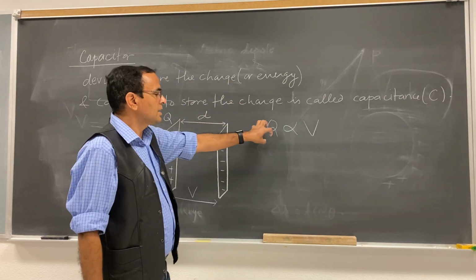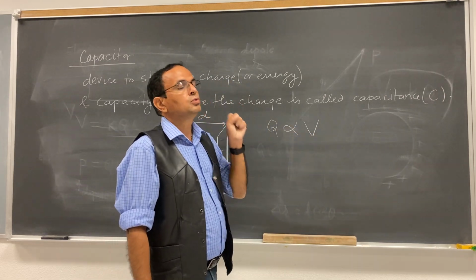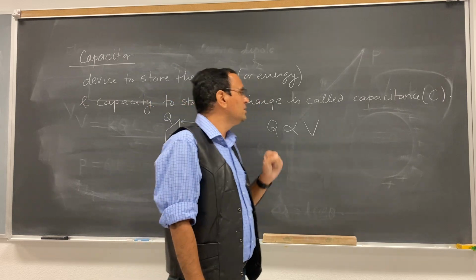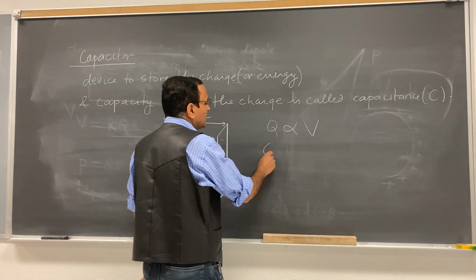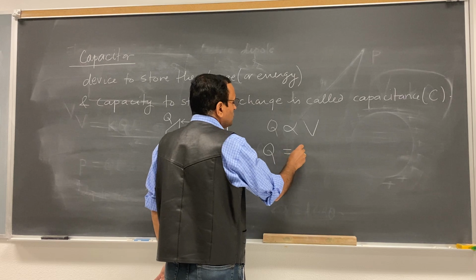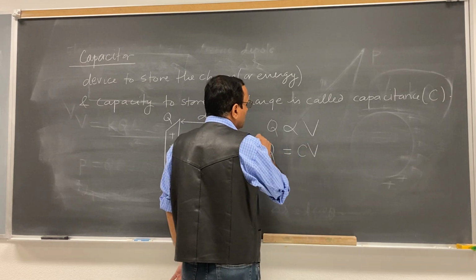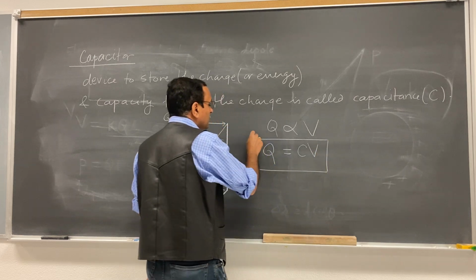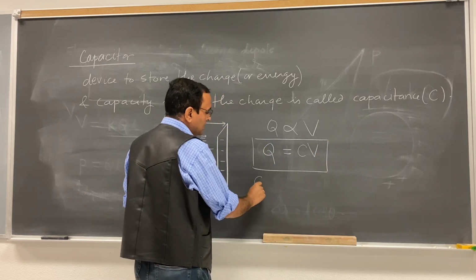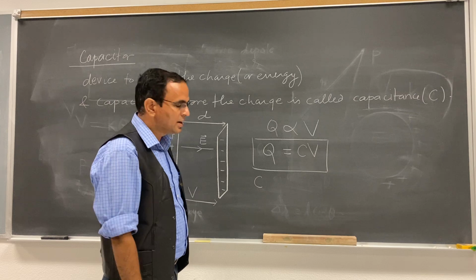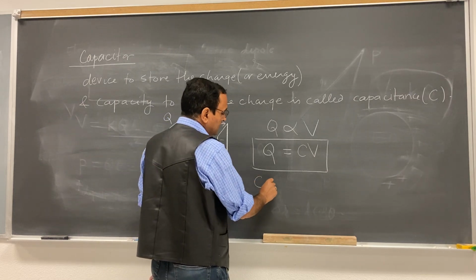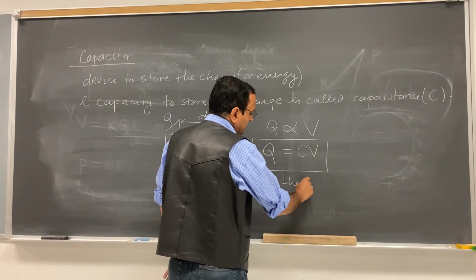So the charge in the capacitor is directly proportional to the potential difference between the two plates. You can write Q equal to C times V. Here C is the proportionality constant, and it is called the capacitance.